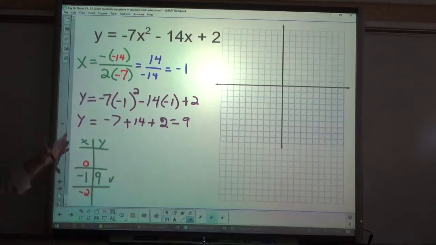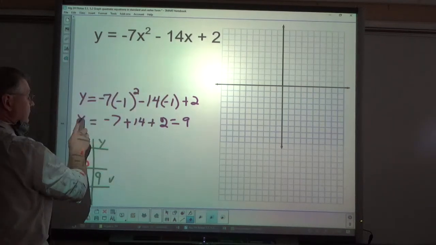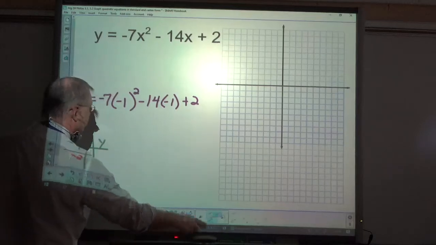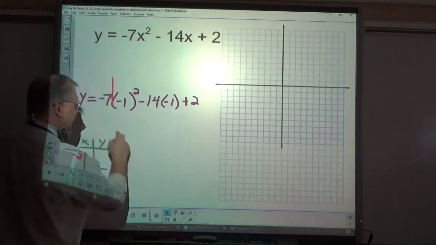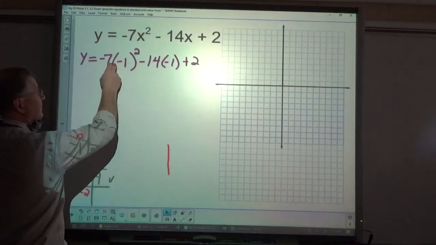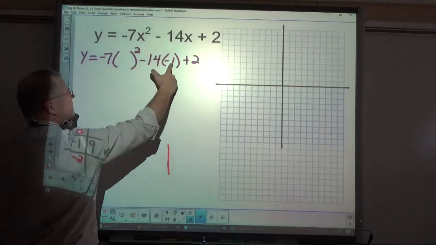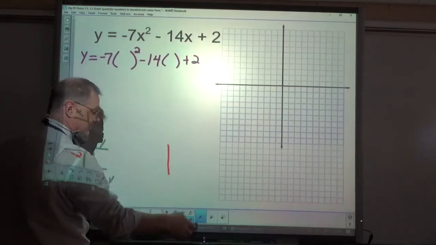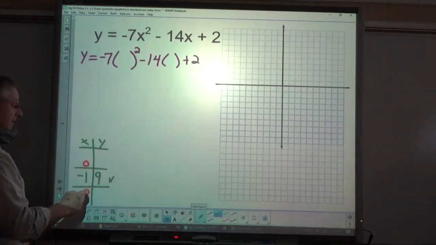Now, I'm going to need to do a little erasing so that I have room to do this work. So I'm going to erase this here, and I'm going to erase this, moving this stuff up. I'm just going to eliminate what's inside each of these, where the x's were, and I'm going to fill in my negative 2.